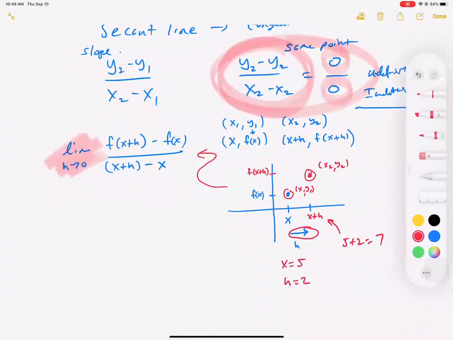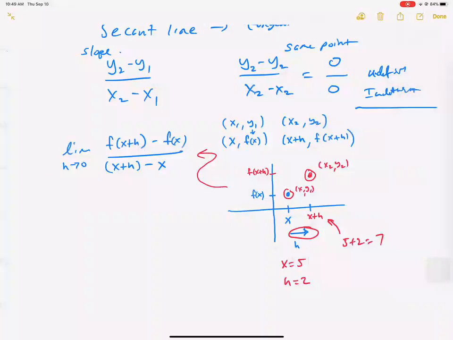Now, we're going to come back here to the problem I wrote on my left-hand side, and we're going to do something to it. I'm going to simplify this, because what is x minus x? Doesn't that cancel out? The limit as h goes to 0 of f of x plus h minus f of x all over h.